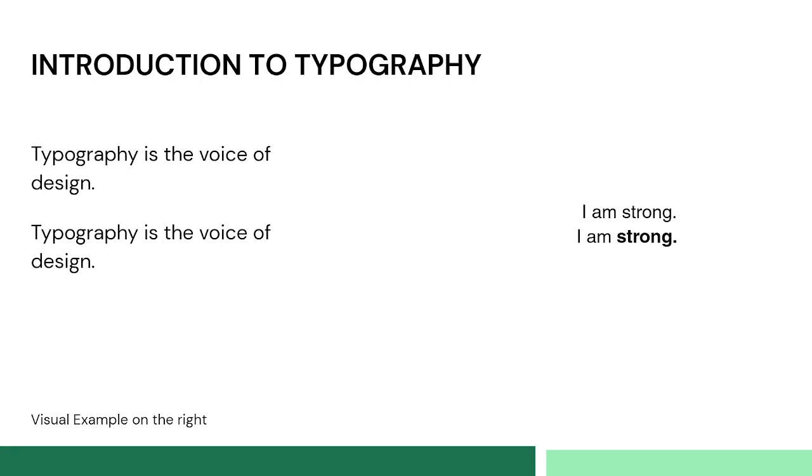Thank you for that feedback. So, like you said, the one that is bold. One says I am strong, and the second one says I am strong too. But the bold one, the second sentence, connotes the word strong better than the first one. And that is what typography does. It gives voice to your design, it adds meaning to design.